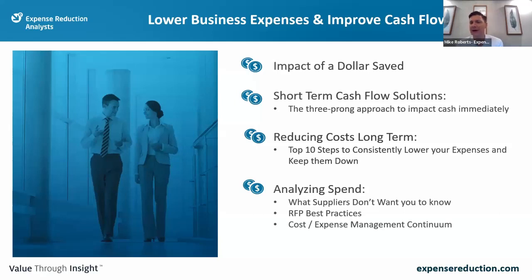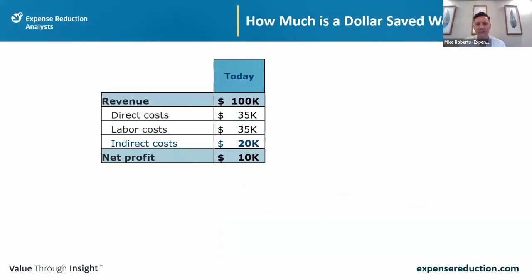We do have a 10-step methodology that will go step by step through that. And then finally, we'll look at analyzing supplier spend and what suppliers really don't want you to know in that space, how to go about an RFP best practice to make sure it's an effective process for you. And then finally, what the cost expense management continuum will look like. So with that said, we'll dive right in.